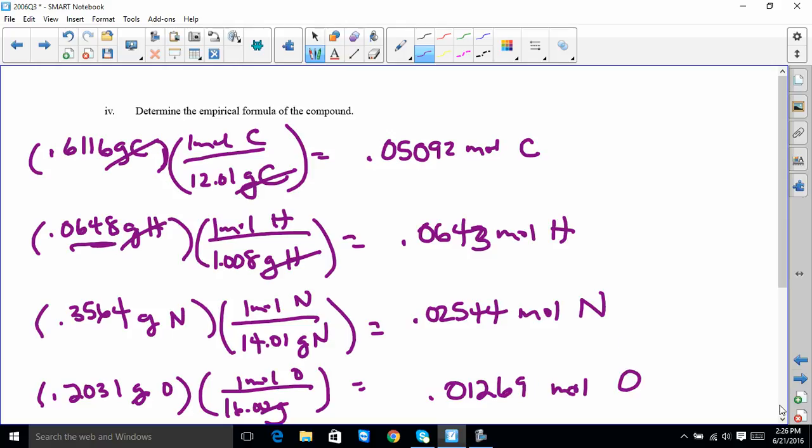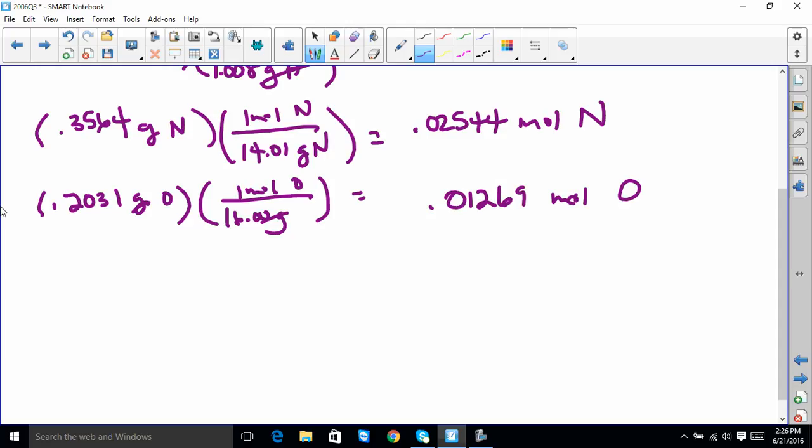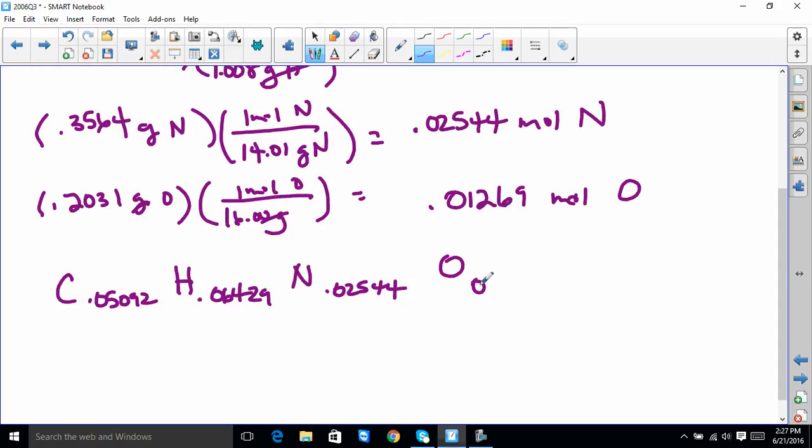And so if I do my SLF, my stupid looking formula, I get carbon 0.05092, hydrogen 0.06429, nitrogen 0.02544, and oxygen 0.01269. And remember that we divide through by the smallest number of moles.